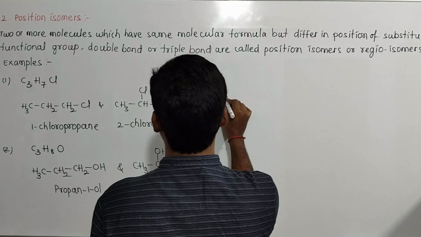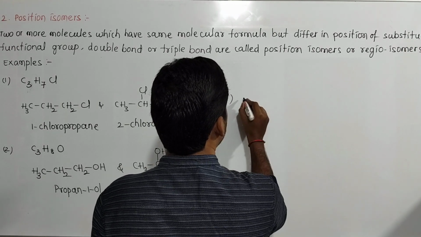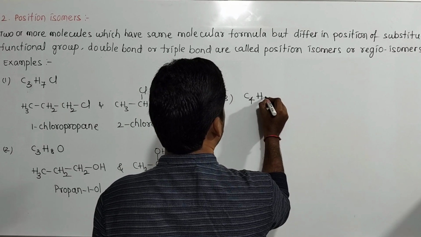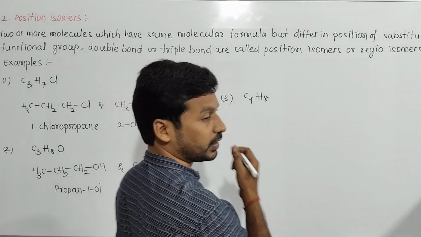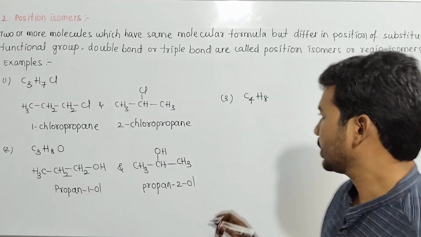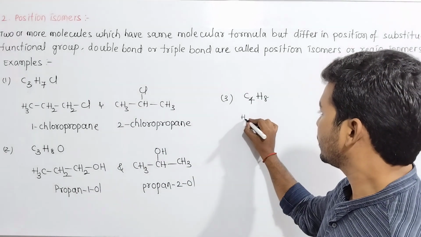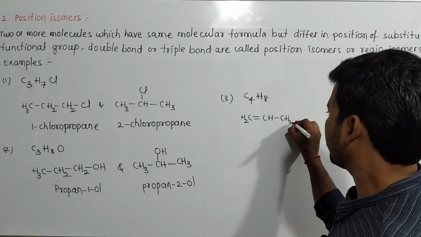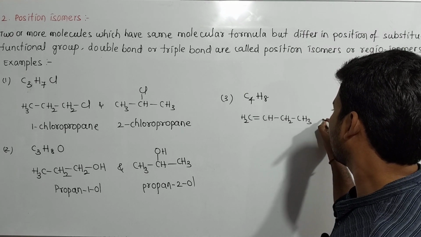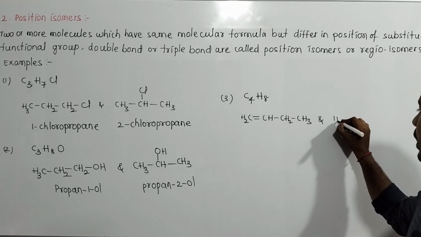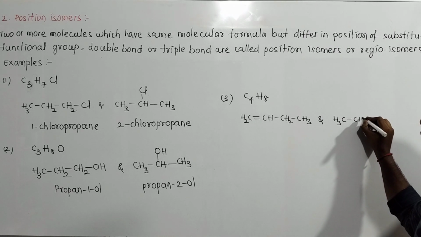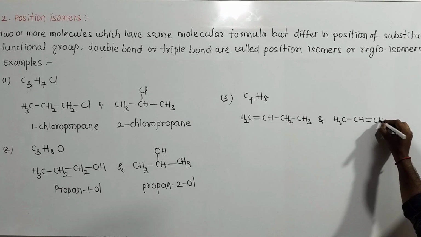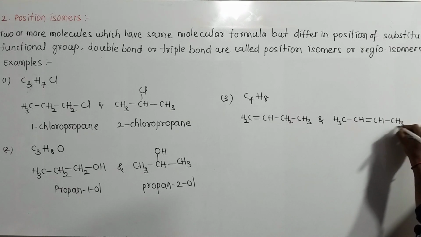Next, the third one, C4H8. With this molecular formula, I can write two position isomers. One is CH2 double bond CH, single bond CH2, single bond CH3. This is one molecule, and I am writing another molecule with the same molecular formula, CH3, CH double bond CH, single bond CH3.